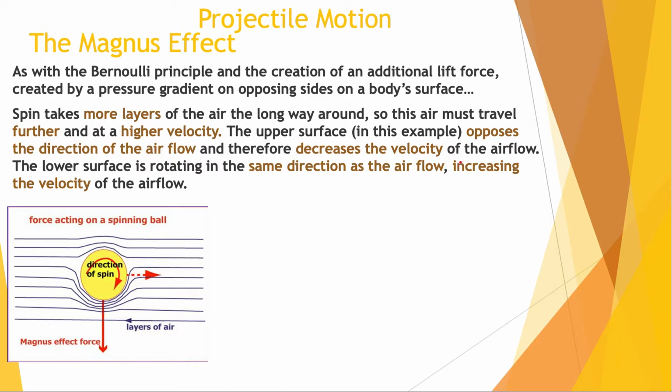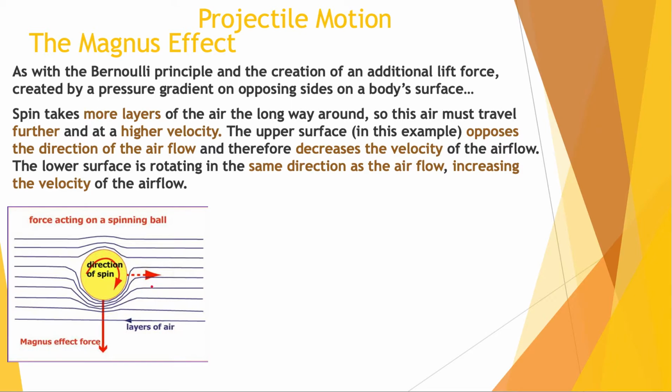And that decreases the velocity of the air right next to the ball here. On the other side, the lower surface of the ball is rotating right to left with the same direction as the airflow, and that increases the velocity of that airflow right next to the ball.